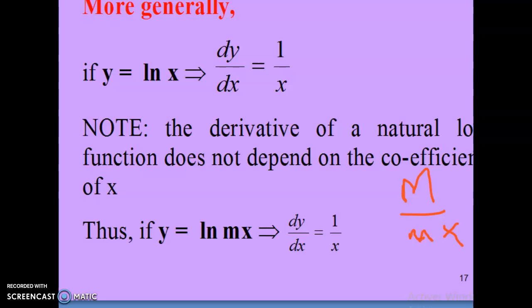This gives us, surely, 1 over x. So that's how to differentiate ln x.